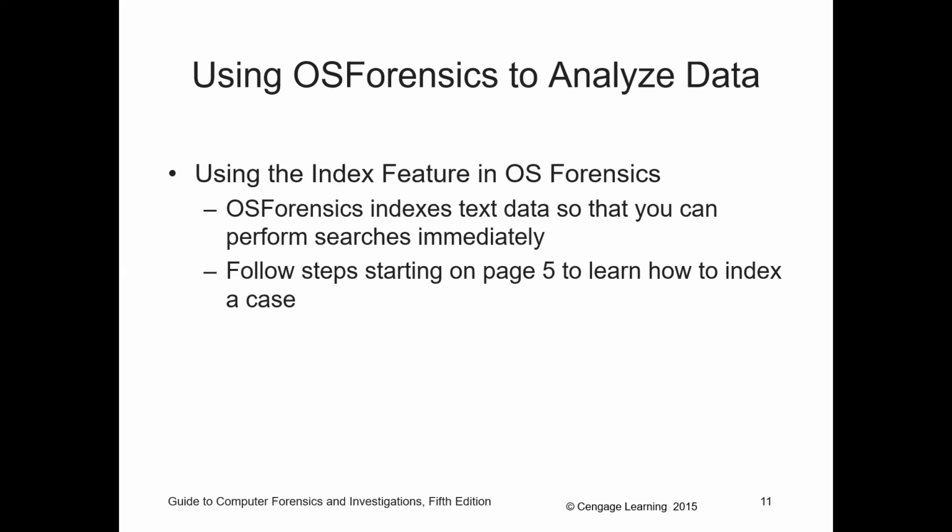We use the index features in OS Forensics. Here are the OS Forensics indexes. They have text data so that you can perform any searches, giving us an idea on how we carry out the analysis. So under the indexes, it's where we carry out our analysis.